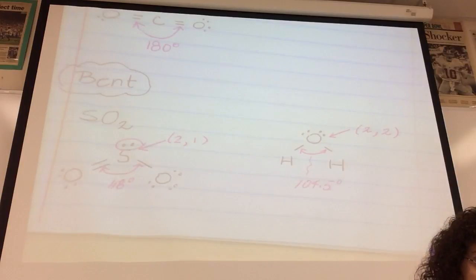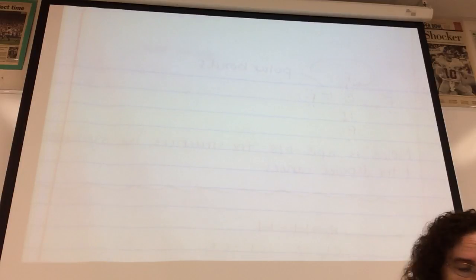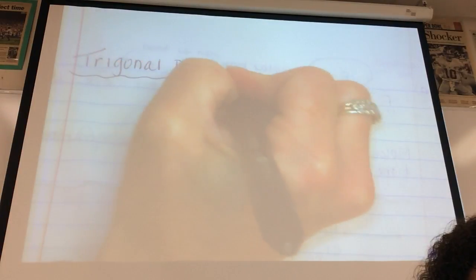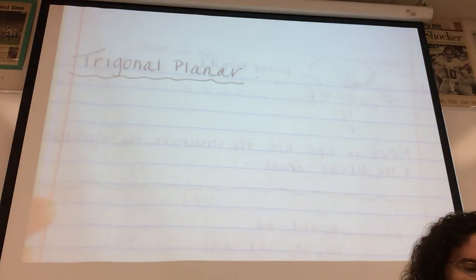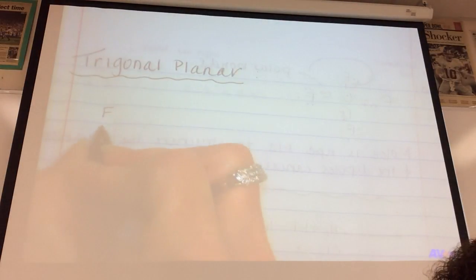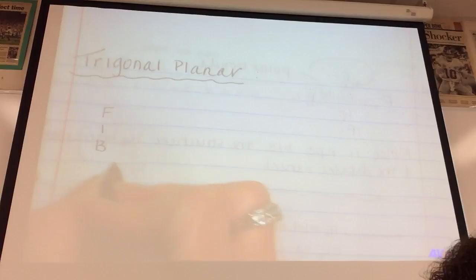The next shape is trigonal planar. Tri means 3. 3 atoms attached. For example, boron trifluoride.